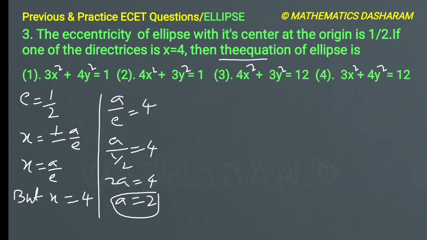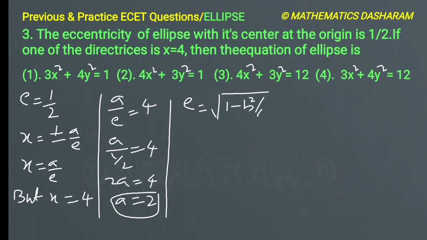Then the equation of the ellipse is, so let's find out the b value next. To find the b value, I am using the e formula, that is e equals under root 1 minus b square divided by a square. E value given is 1 by 2. So under root 1 minus b square divided by a square, that is 2 square.